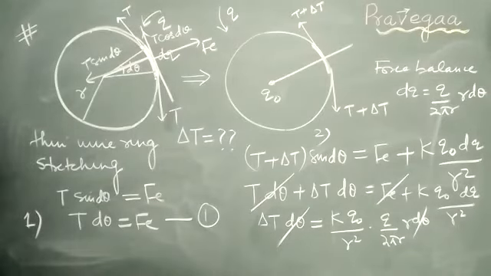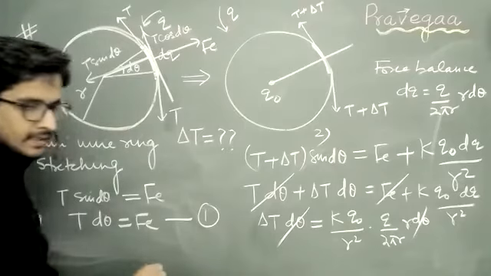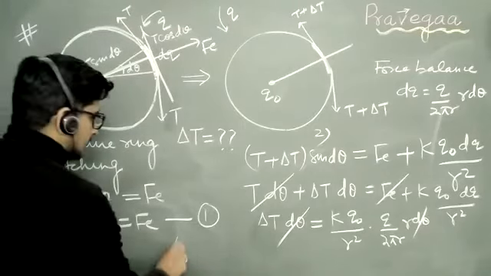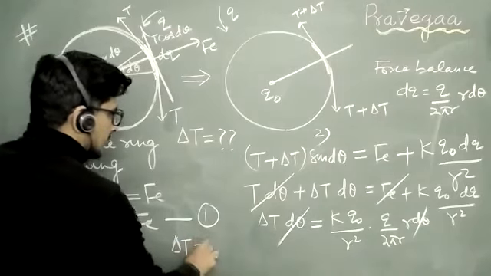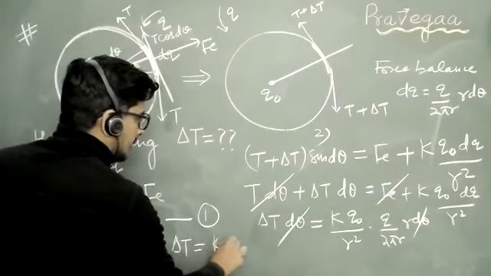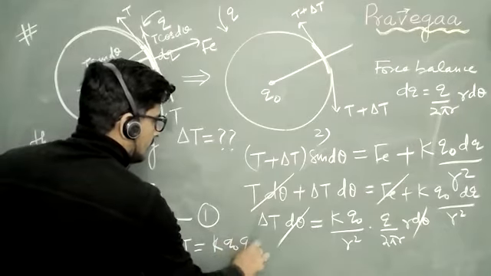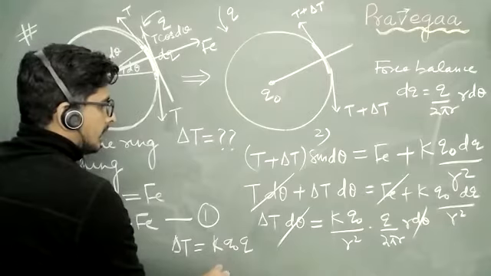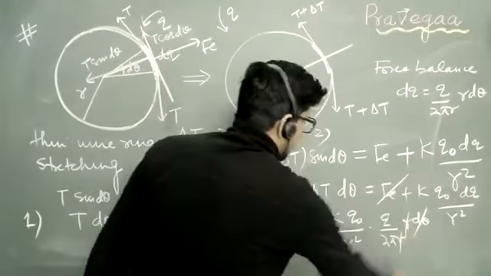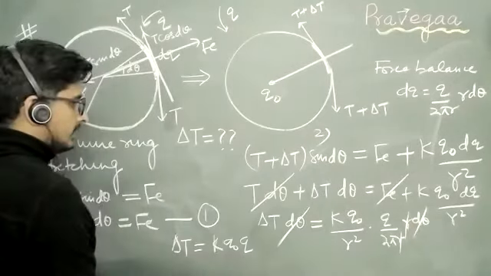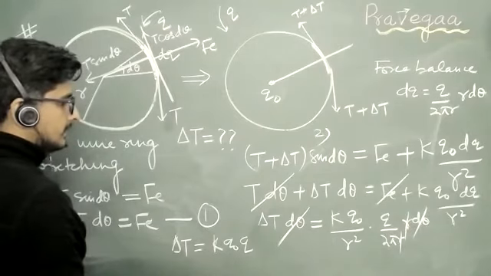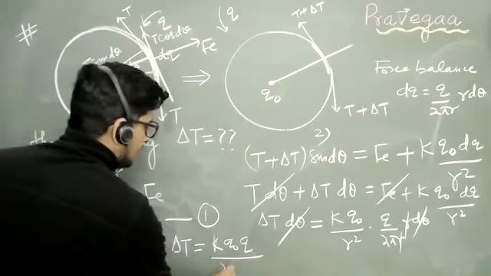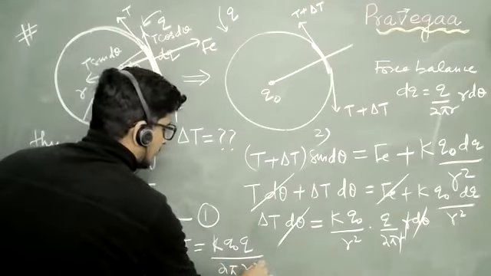No new parameter should come in the final answer. This is the basic, na? No new parameter should come in the final answer. So what is that change? That will be K Q naught Q over, this will be cancelled, na? Yes, sir. And over what it will be? 2 pi r square.